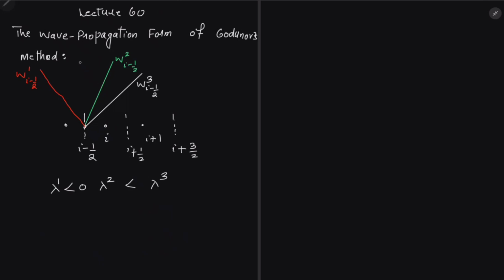Then there is a discontinuity, and that discontinuity moves with some speed, lambda 2 delta t. It covers some distance.